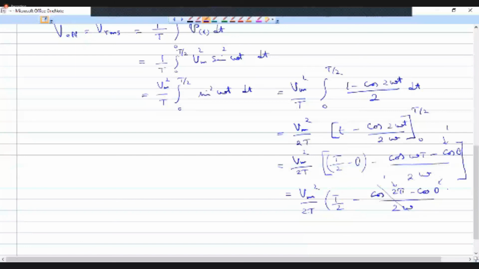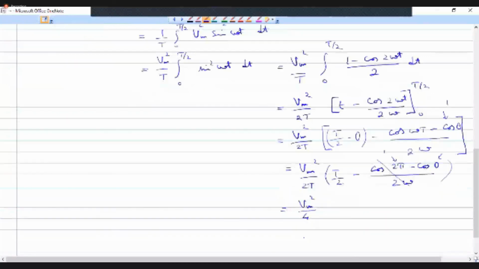So what remains is Vm square divided by 4. So that is our right hand side. And on the left hand side, we are having Vrms square. So we can write Vrms is equal to Vm by 2. So for a half wave rectified voltage, we have Vrms, or V effective, equal to Vm divided by 2.